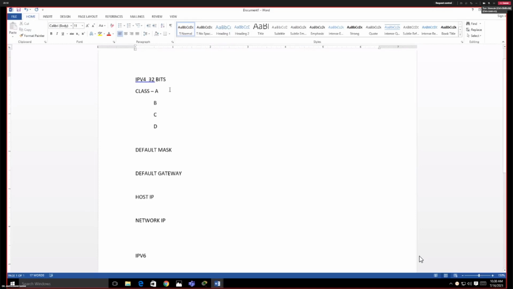If we consider class A, then class A ranges from 0 to 127. Class B ranges from 128 to 191. Class C ranges from 192 to 223, and class D ranges from 224 to 239.